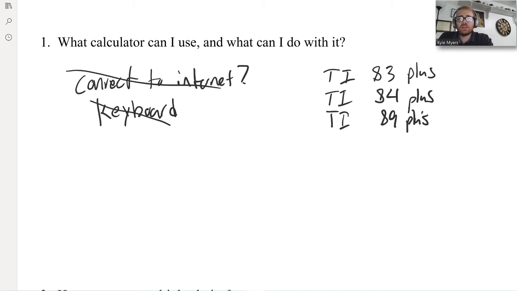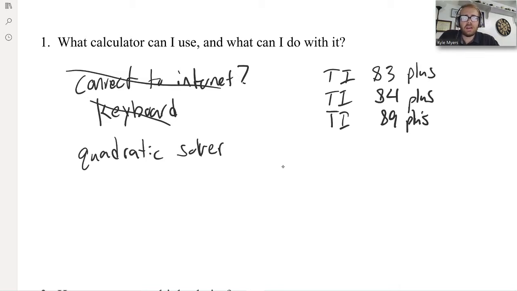But some of the things that you want to look for to download, maybe the most popular app out there, well, it's not an app necessarily like you would think of for your phone, but you can actually put a quadratic solver on your TI 83, 84, or 89. You can also put other things on there like matrix.